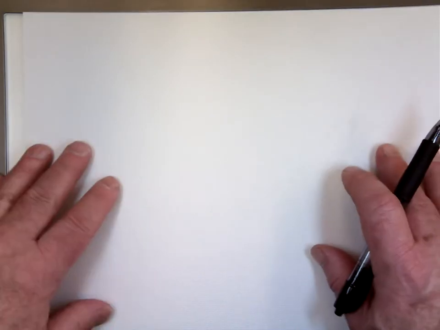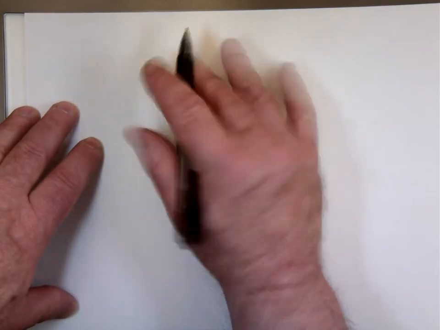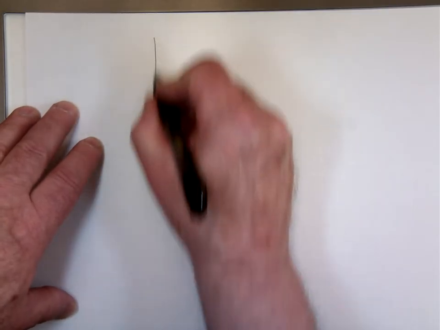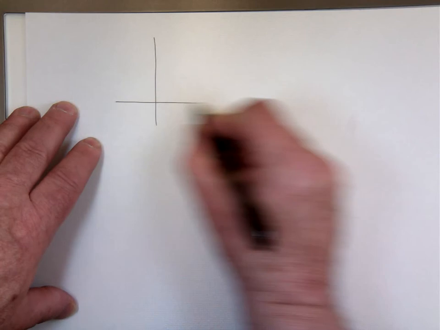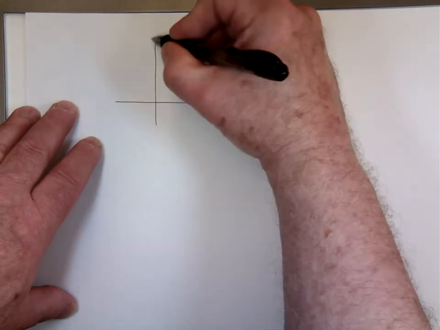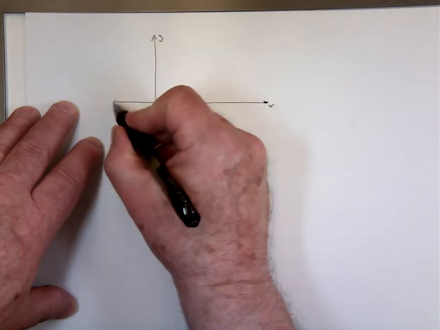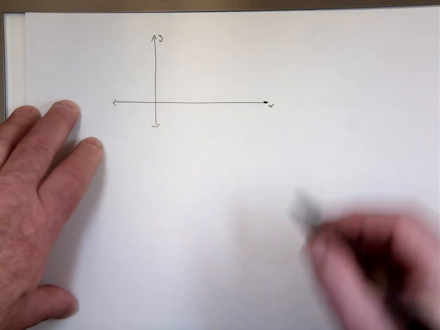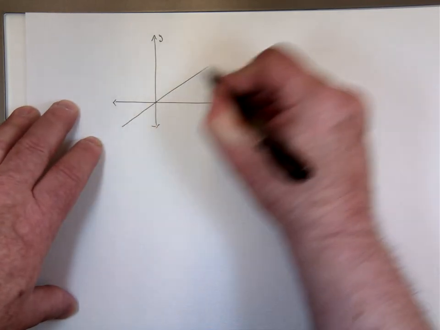Let's take a look at the volume generated by taking y equals x and y equals x squared.